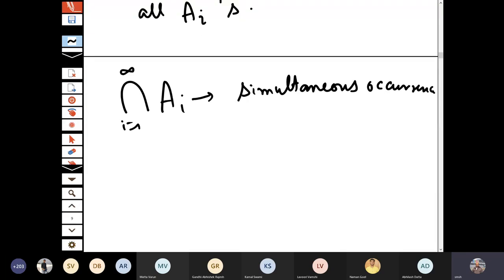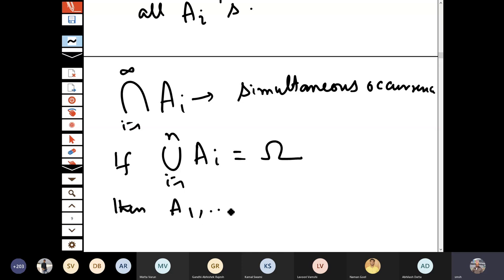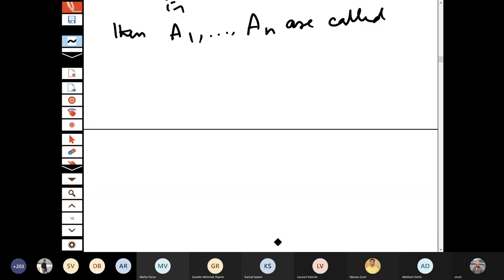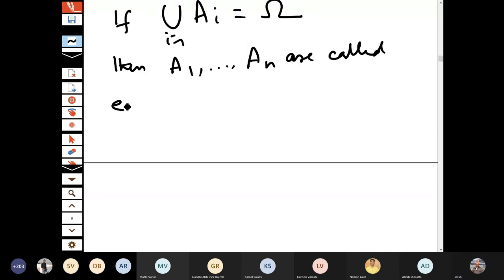So these are all defined because now you have the concept of a set connected to any description of any event. If the union of Ai is equal to omega, that is the sample space, then A1, A2, up to An are called exhaustive events.